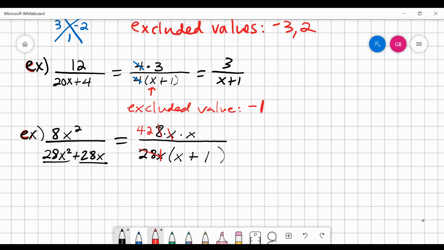And 28 is the same thing as 4 times 7. So now I can cross out the 4's. So now your final answer is going to be whatever you're left with, 2 times x over 7 times x plus 1.